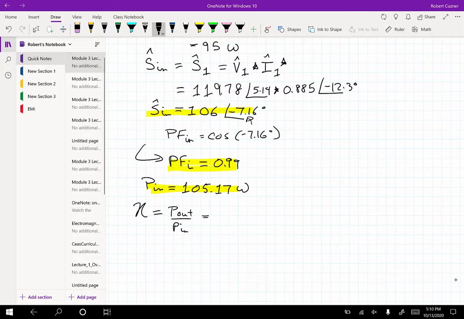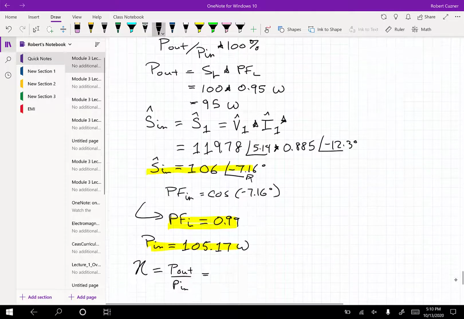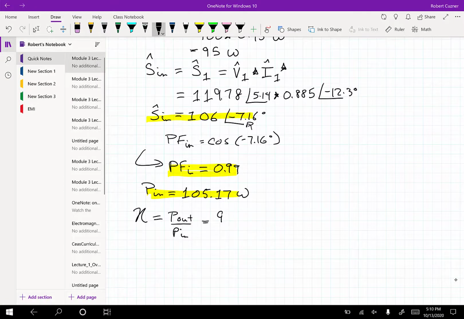Let's leave off the percent. It doesn't have to be in percent, but we can just keep it as a per unit looking thing. So that is P out, 95, divided by 105.17.